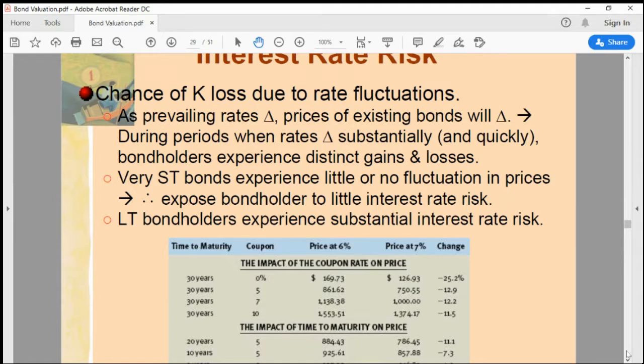From before the outbreak of the pandemic, the Fed funds rate was slowly going down, near 1.5, and then after that it's 0.